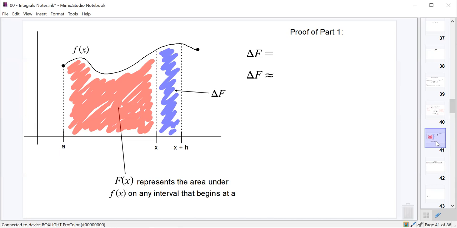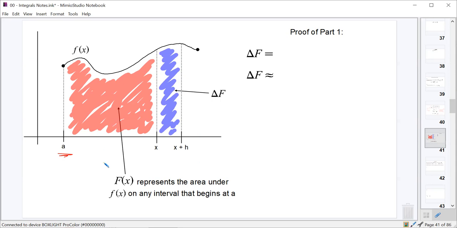Capital F of x represents a function that is the area underneath f of x on any interval beginning at a. So it could be going from a to x, or from a to x plus h, or from a to b over here, or we could even have it going somewhere within a to x. We call that c.